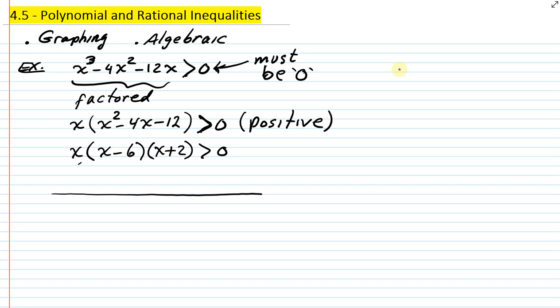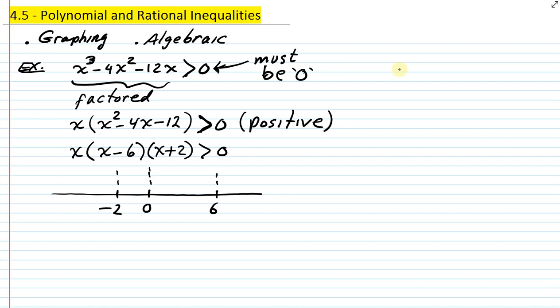We're going to look and see what makes each of these factors 0. x squared would be 0 precisely at 0. x minus 6 would be 0 at x equals 6. And x plus 2 will be 0 when x is negative 2, right? So there we have these.